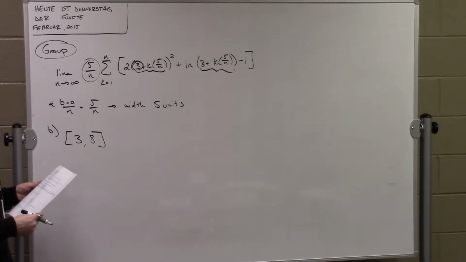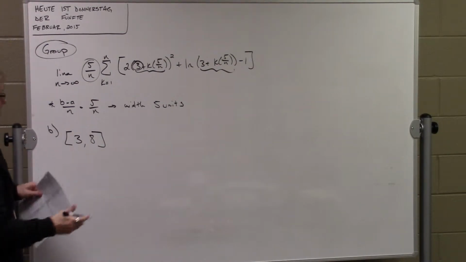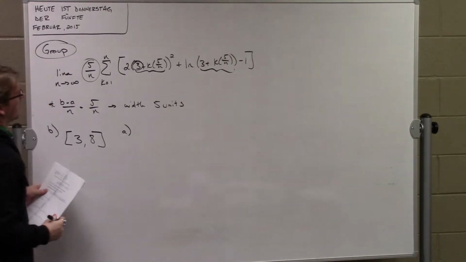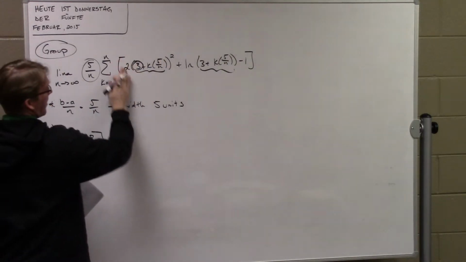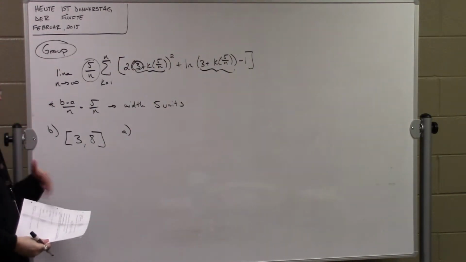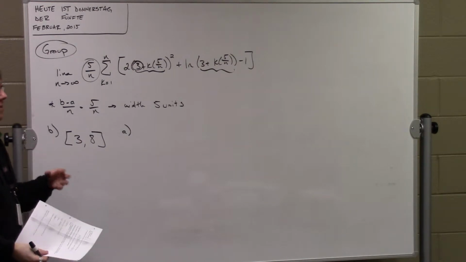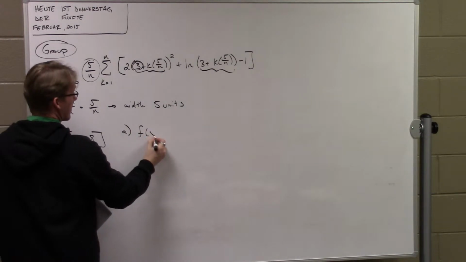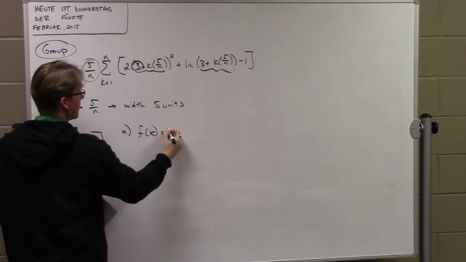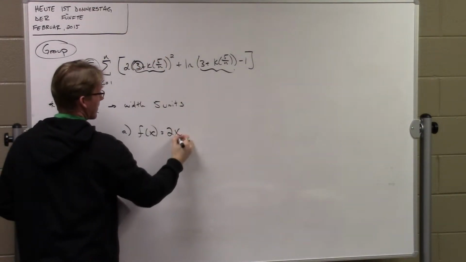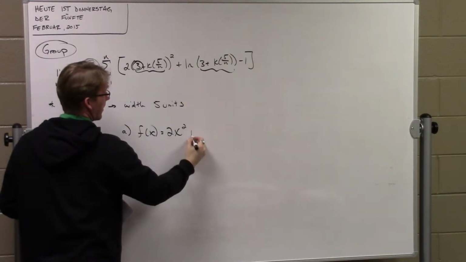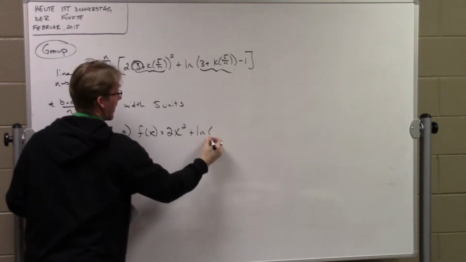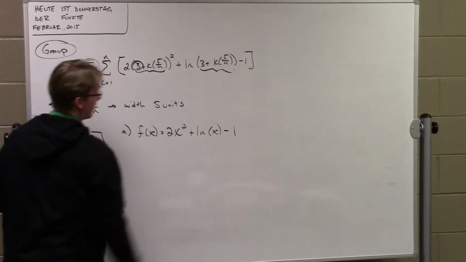I think I just answered part B, not part A, but part B for this one. Part A is to recognize what the function is. I'm sorry, this is out of order. This crap, that a plus k times b minus a over n, gets plugged in for your x value. So everywhere I see that, I'm just going to call it x. So my function is just going to be 2x squared plus natural log x minus 1.